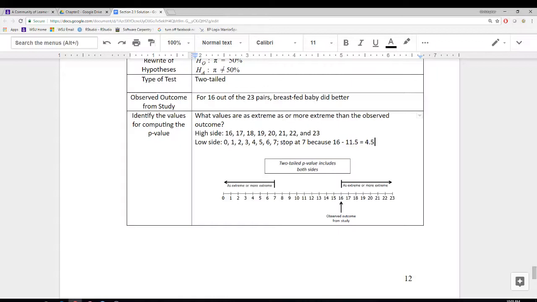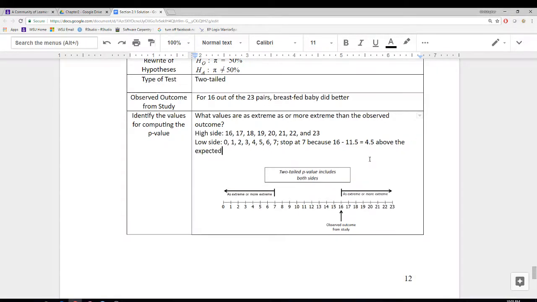So 16, the study outcome, is 4.5 above the expected value. 7 is 4.5 below the expected value. So that's the corresponding value of 16 on the lower end.